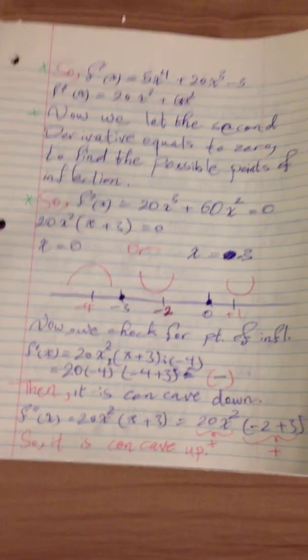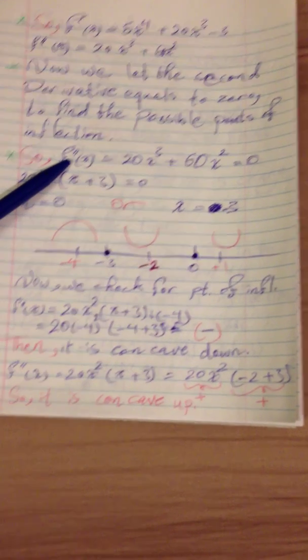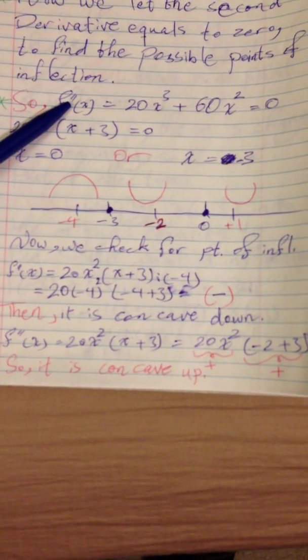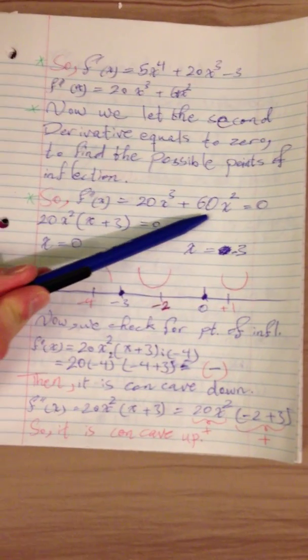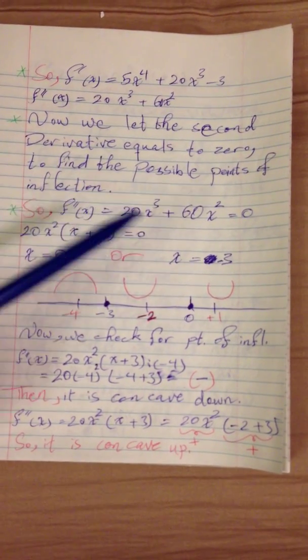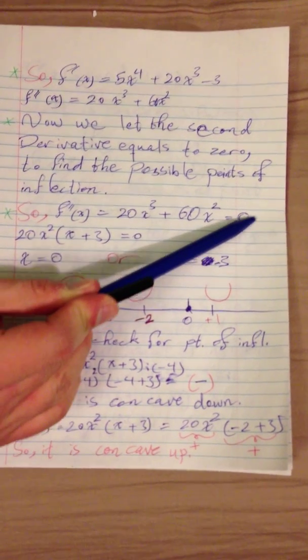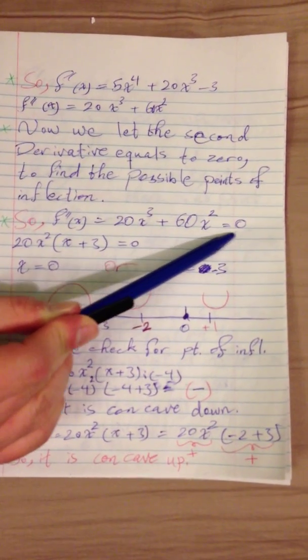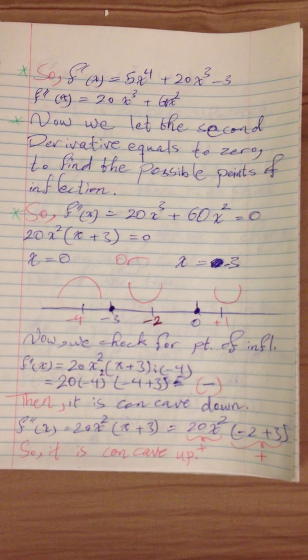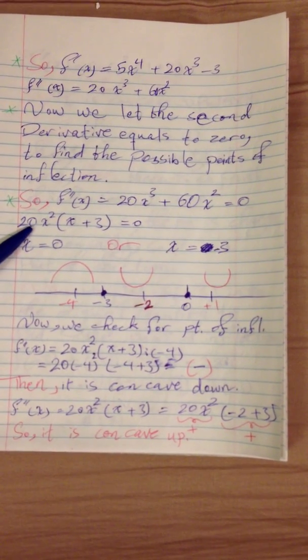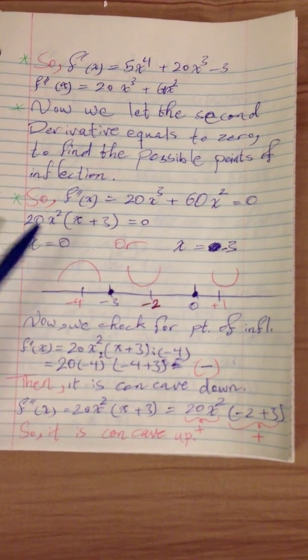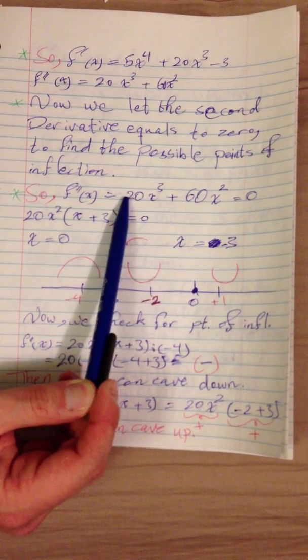Now, we have our second derivative, which is equal to 20x to the third plus 60x squared. We let it equal to what? 0. The next step is taking 20x squared as a common factor.